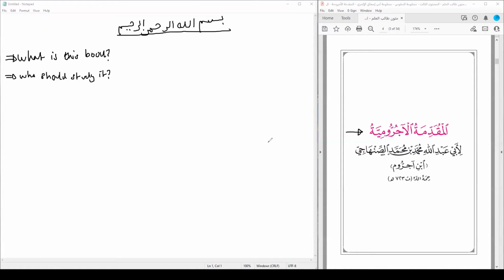Sheikh Salih Al-Usaymi says that the author's name is Ibn Ajurrum, so the book is called Al-Muqaddimah Al-Ajrumiyah instead of Al-Ajrumiyah. And this is according to his research. Wallahu a'lam.